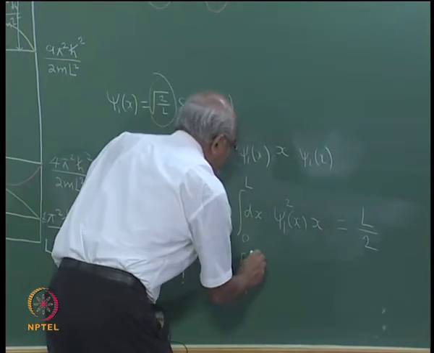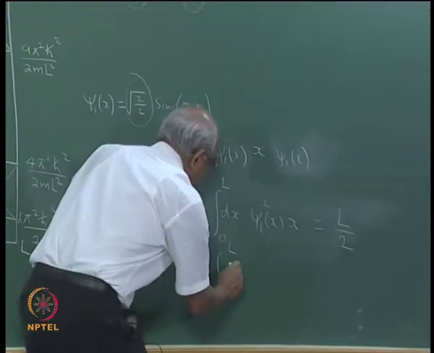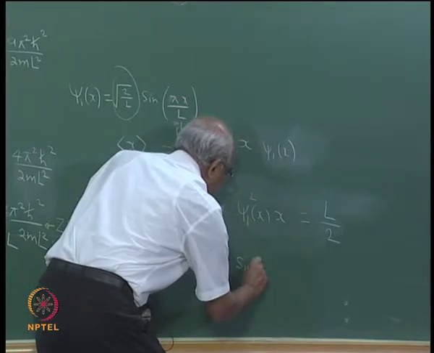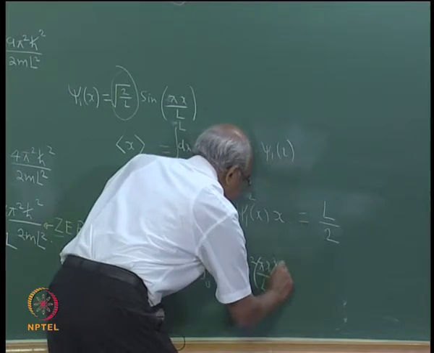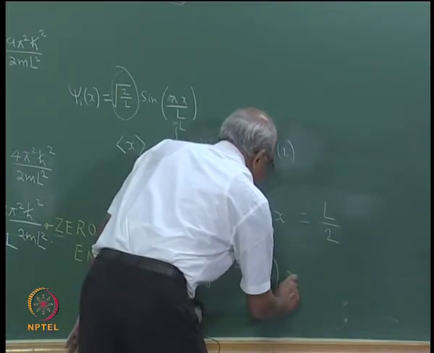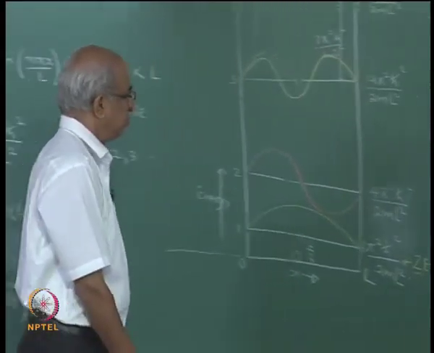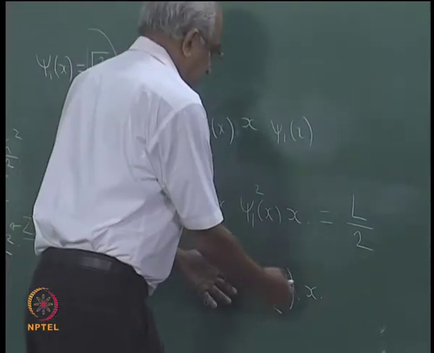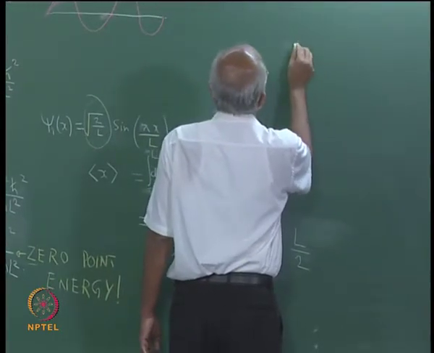If you integrate from 0, I mean the integral that you have to perform is the integral from 0 to L dx of sin square pi x divided by L into x. So, here you have sin square, but there is a trigonometric identity that you can use.